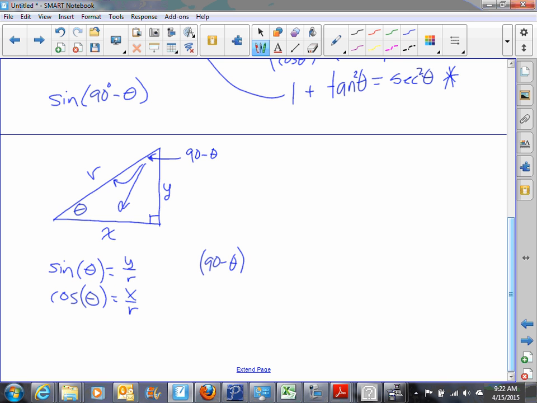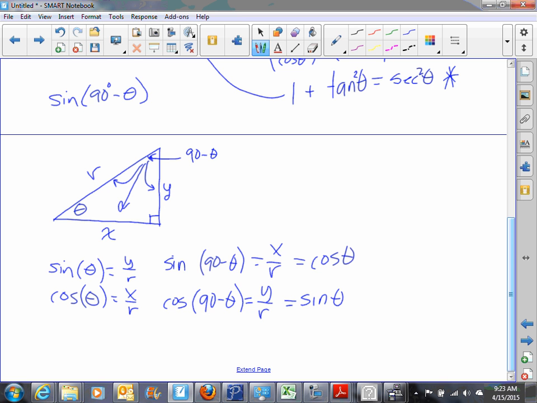So the sine of 90 minus theta would be x over r, but that's the same thing as the cosine of theta. And the adjacent side to 90 minus theta would be y, so the cosine of 90 minus theta would be y over r, but that's actually the sine of theta.